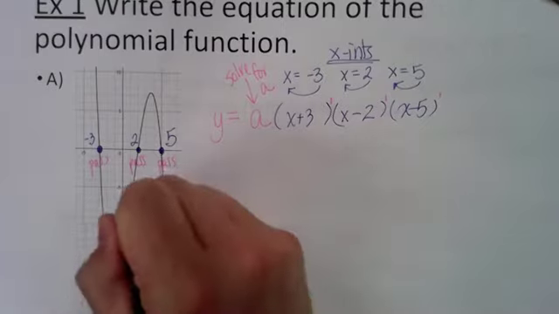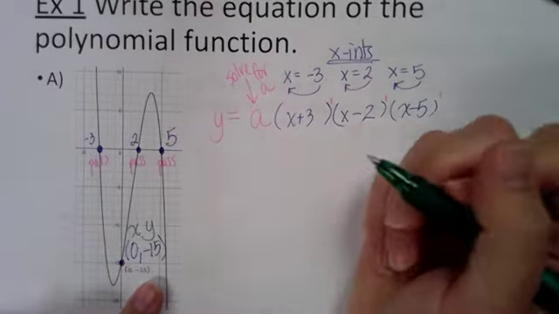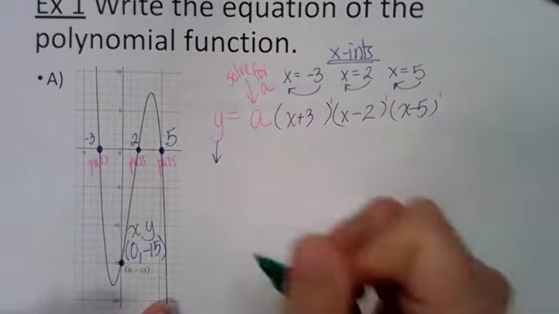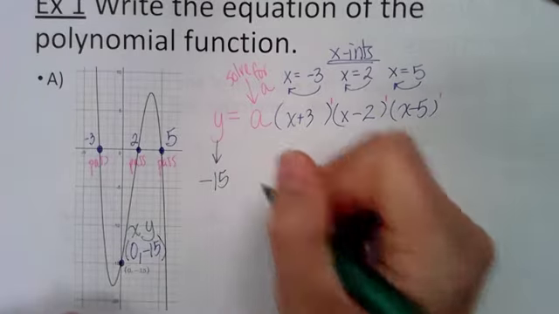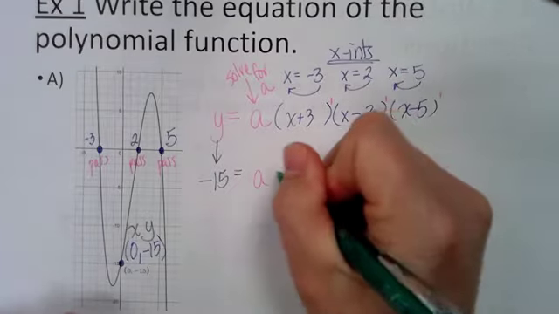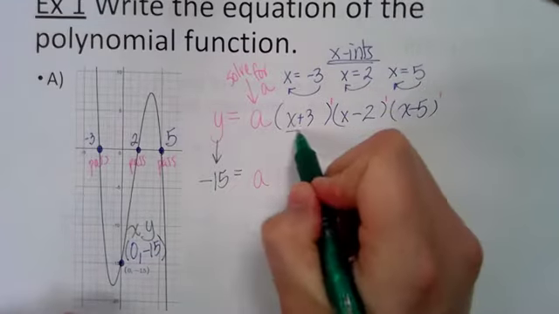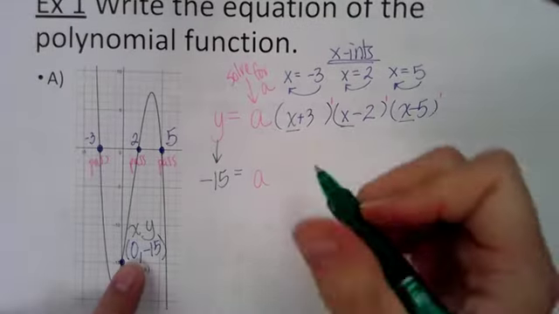It's to help us solve for a. They are giving us a solution for x and for y. What should I put in place of y? -15. That's what they're telling me y is. And I am going to plug in place of all of these x's. What am I going to plug in for x? 0, yeah.